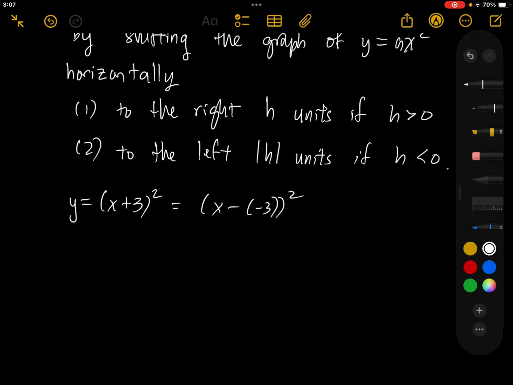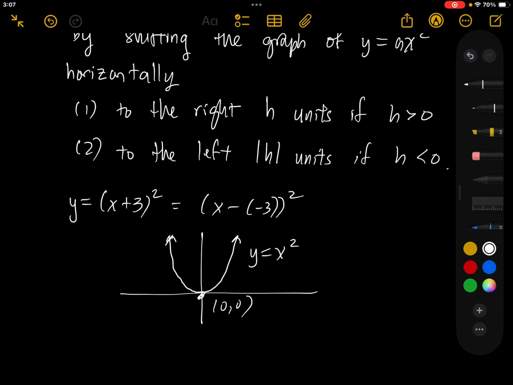And if you look at what happens to the vertex, in y equals x squared, the vertex is at 0, 0. But what is the vertex of the parabola y equals (x plus 3) squared? Well, in order to make y equal to 0, you need x to be negative 3, right? So you have this point negative 3, 0.